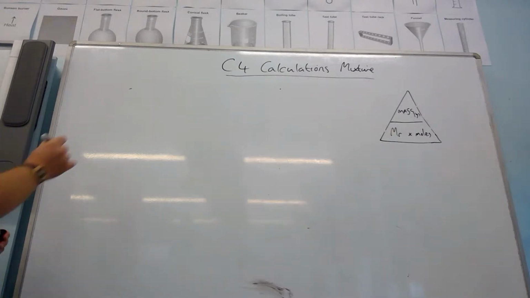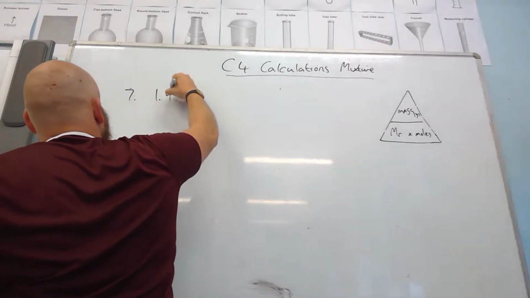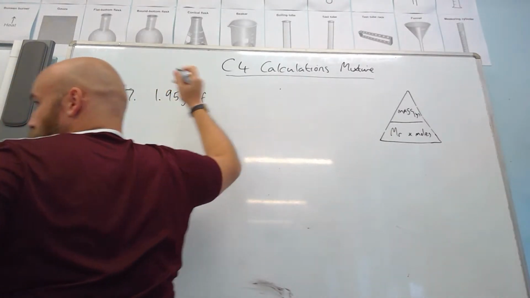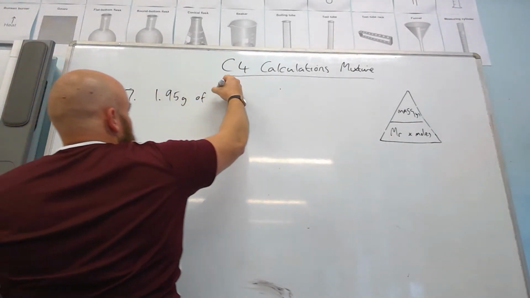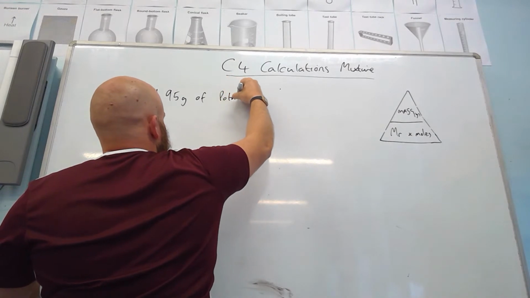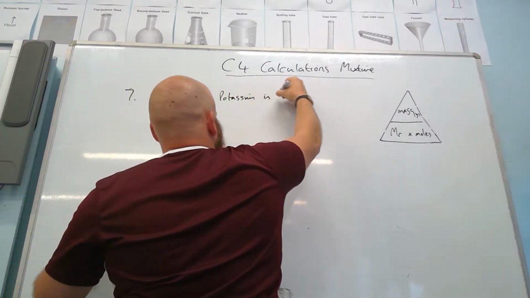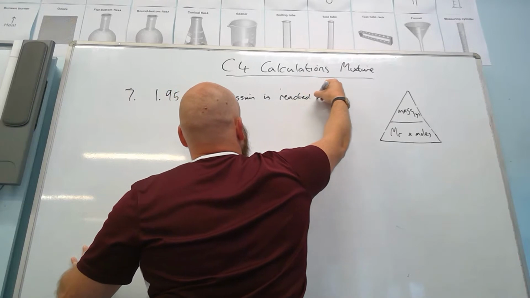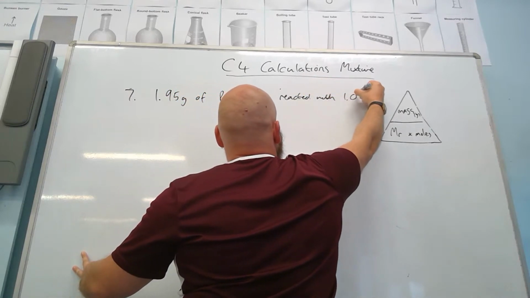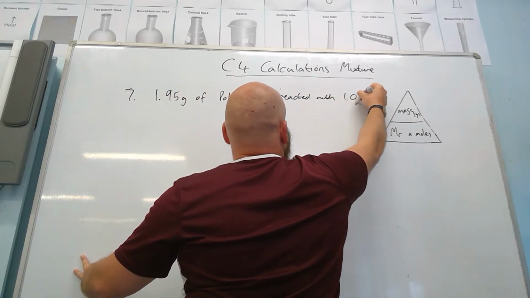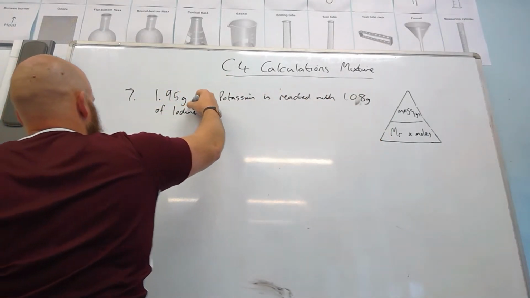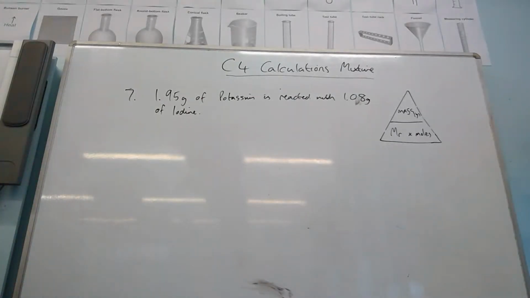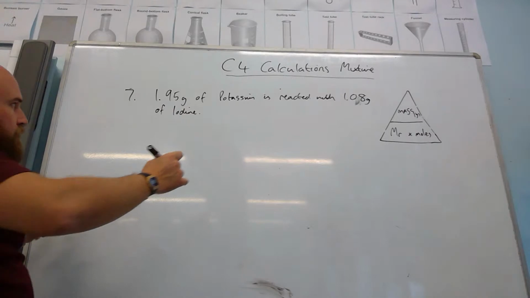So it's 1.95 grams of potassium is reacted with 5.08 grams of iodine. Okay. Work out the limiting reagent and then the mass of potassium iodide formed.